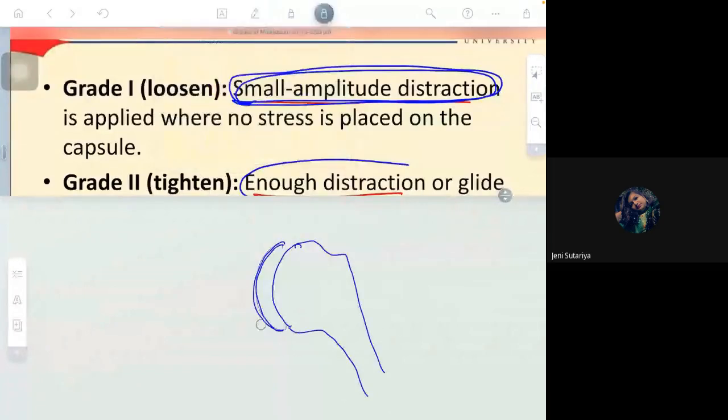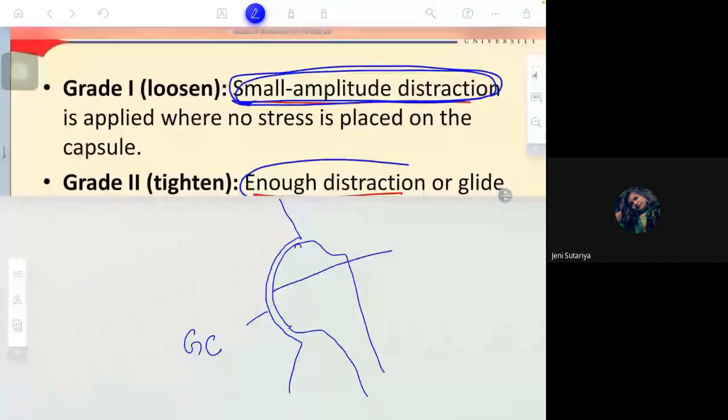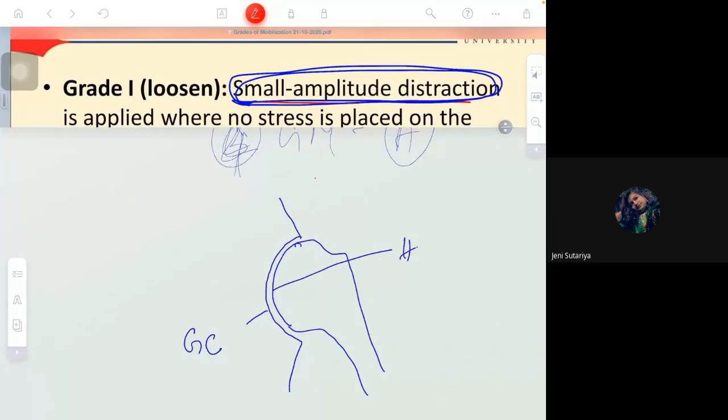This is the joint surface: the proximal joint surface is the glenoid cavity, and the distal joint surface is the humeral head. Clear? So now suppose you want to give an inferior glide. Listen carefully now. If you want to give an inferior glide, first what will you do?